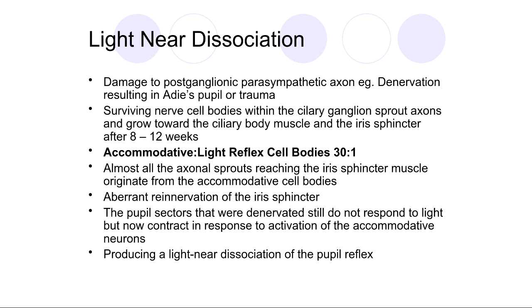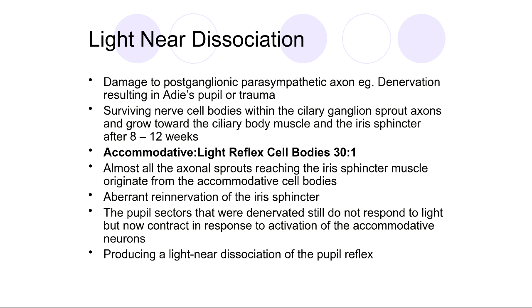So when we talk about light near dissociation, we're talking about damage to the postganglionic parasympathetic axons, such as denervation, which is going to result in an Adie's pupil, or trauma.